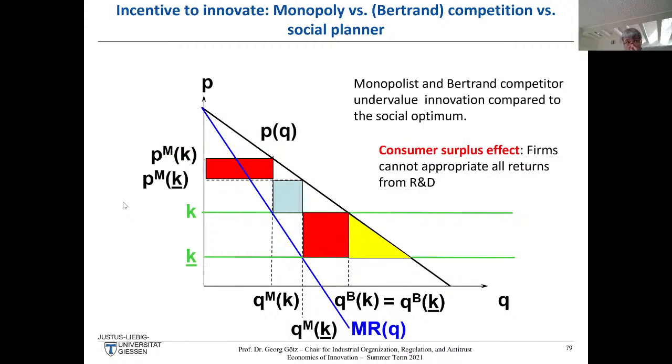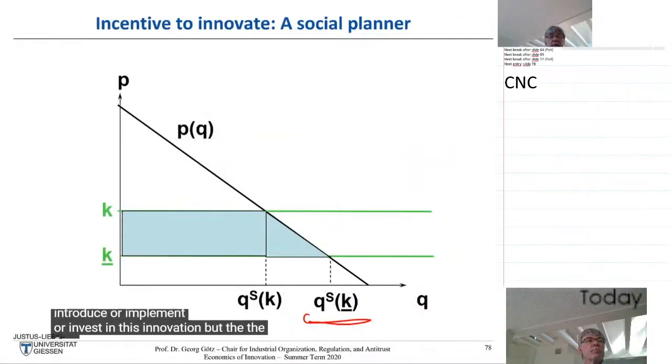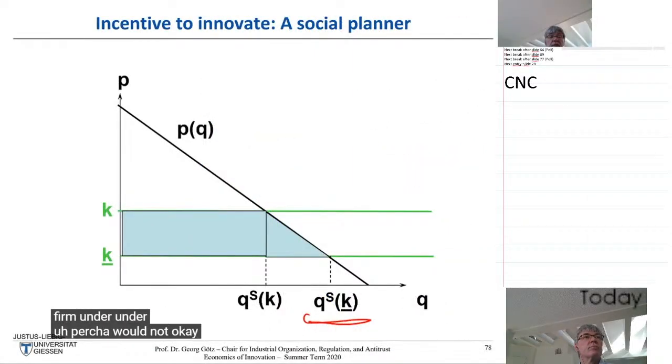Now, suppose the costs, I just jump back here, the costs of the new research project would be larger than this rectangle, but smaller than the rectangle plus the triangle. Then a social planner would implement or invest in this innovation, but the firm under Bertrand would not. So in that sense, you could get insufficient investments.